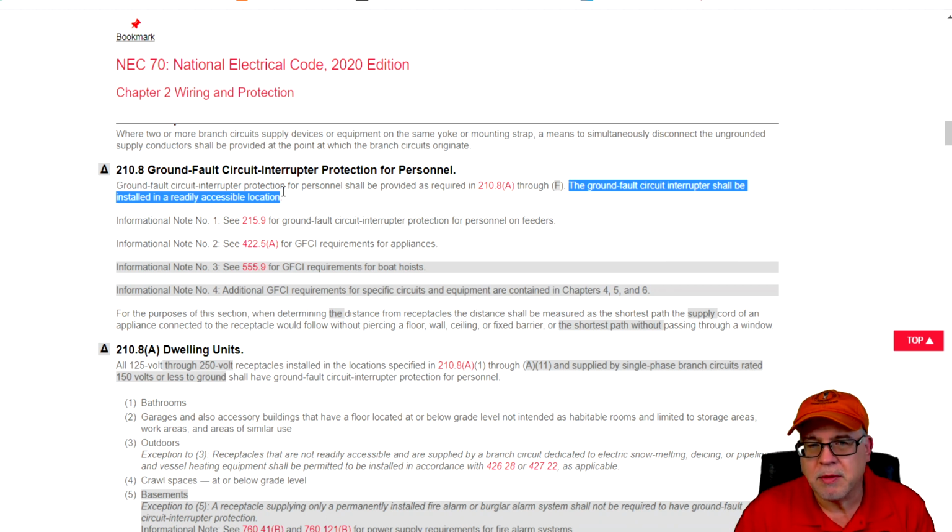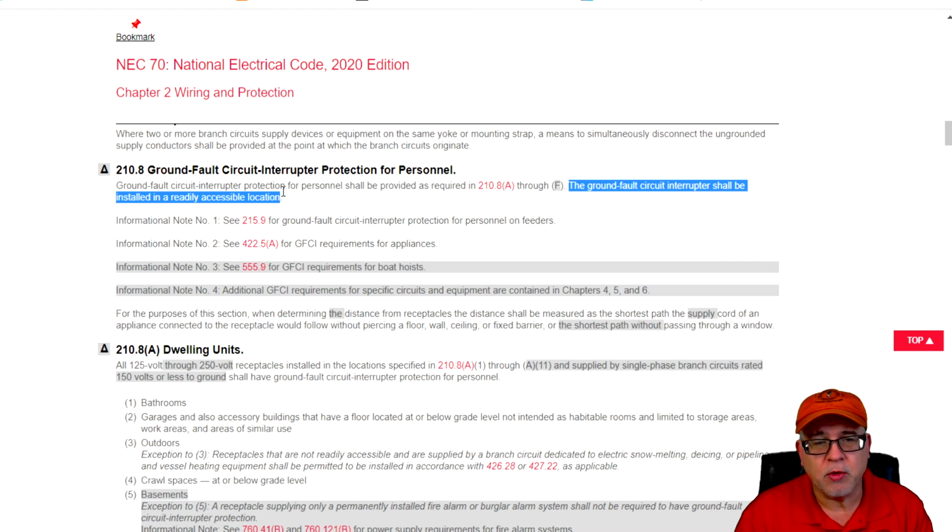But when something is required to be readily accessible, it has to be capable of being approached without climbing over or under an obstruction, without special tools or any tools in general. A key is not considered a tool. So even a panel with a key on it is still considered readily accessible, because it has ready accessibility for the individuals who need access to it.